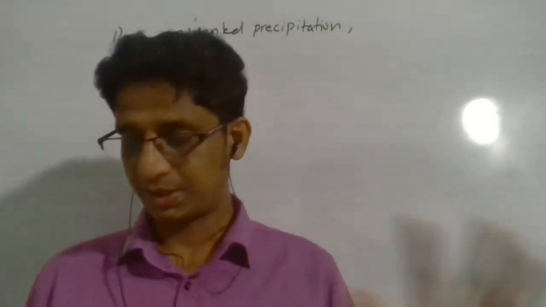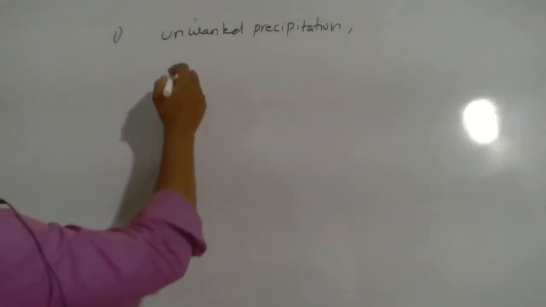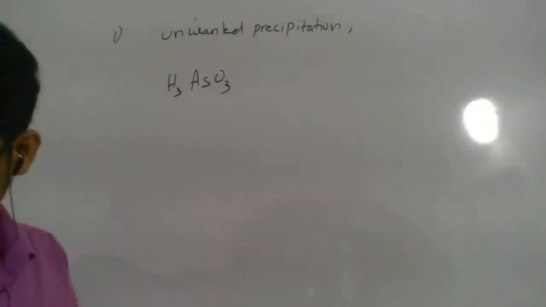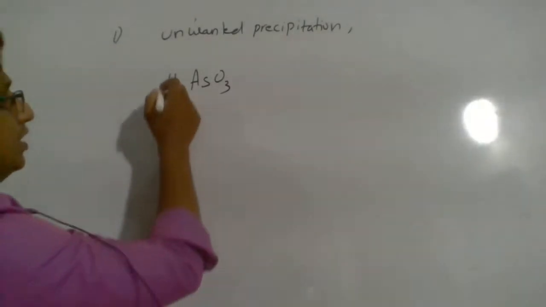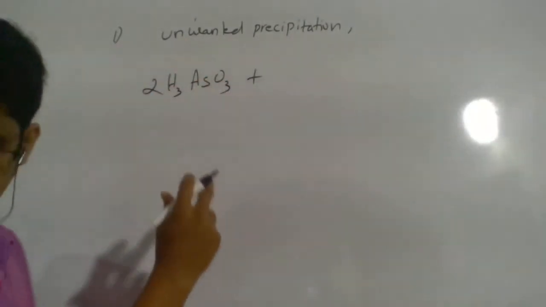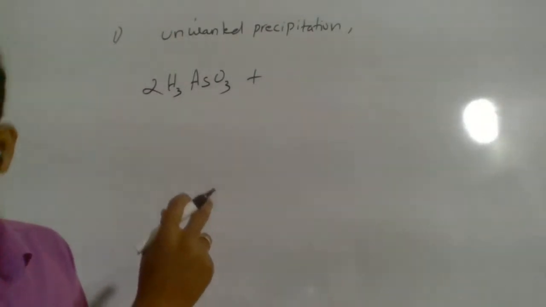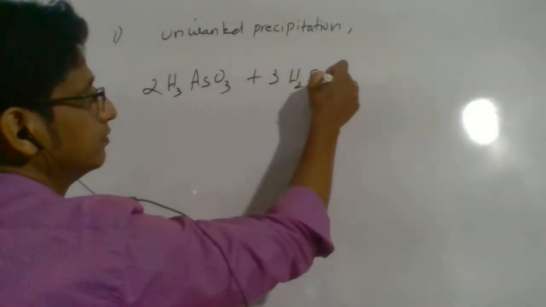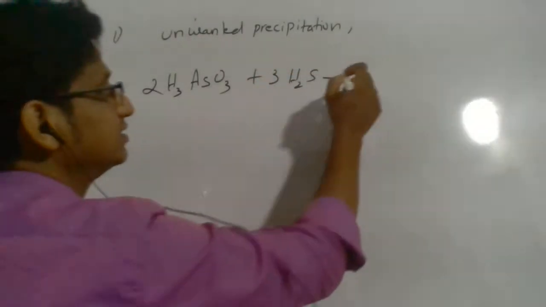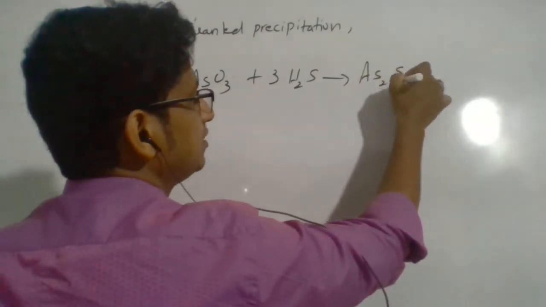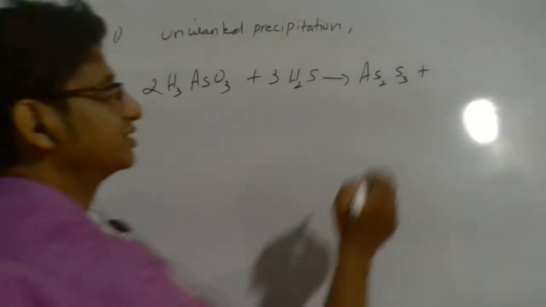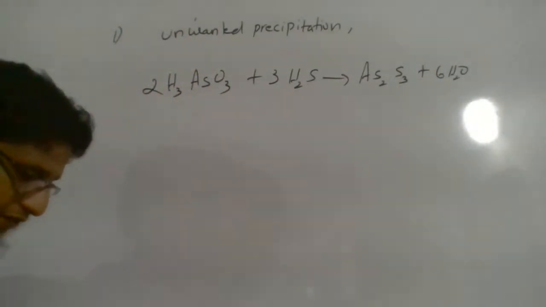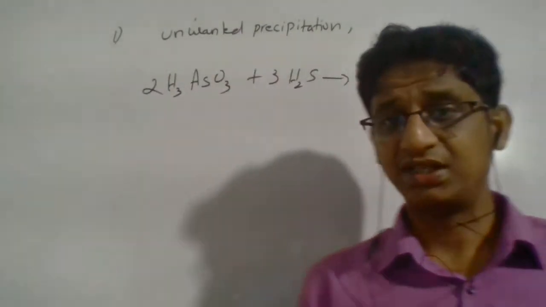Let me explain through an example. Arsenite, when it's in acidic medium, is converted into arsenous acid, H3AsO3. First we can discuss arsenite, which reacts with hydrogen sulfide to form arsenic sulfide, As2S3, plus 6H2O. This is the way arsenite causes interference.